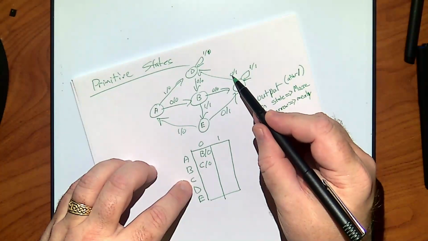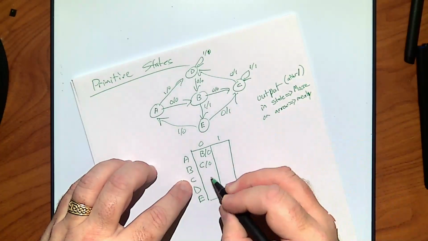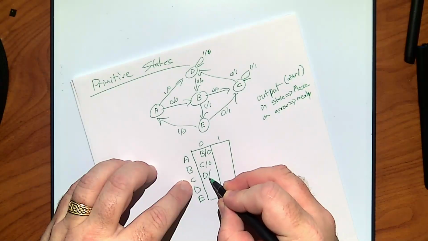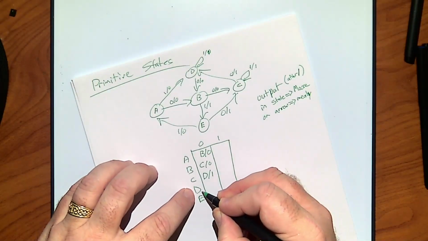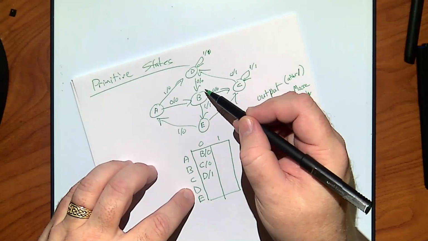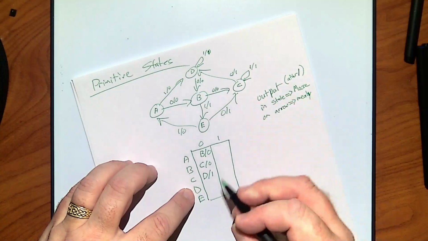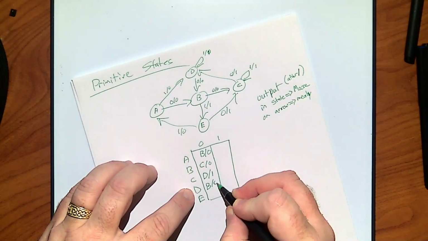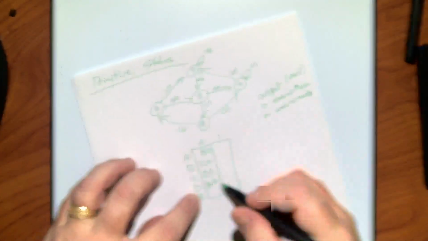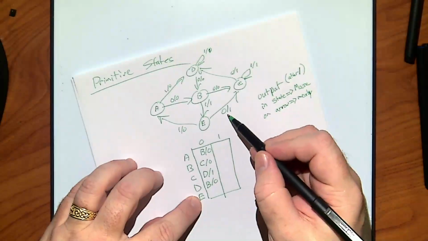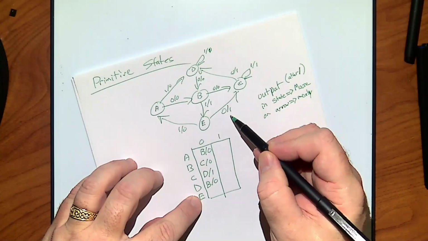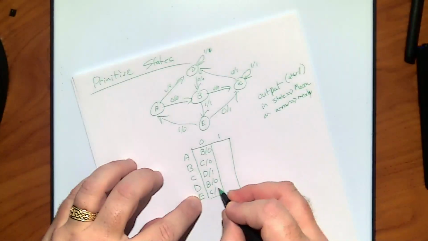C on a 0 goes to D, and it outputs a 1, right? D on a 0 goes to B, and it outputs a 0, right? E on a 0 goes to C and outputs a 1. Fair?